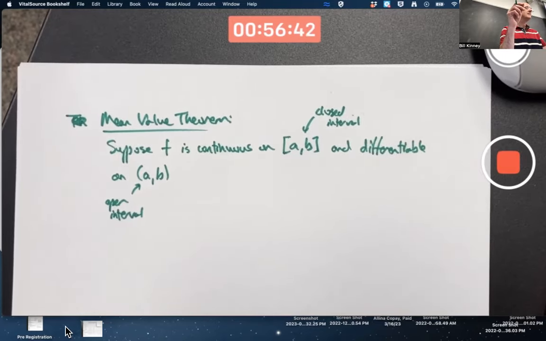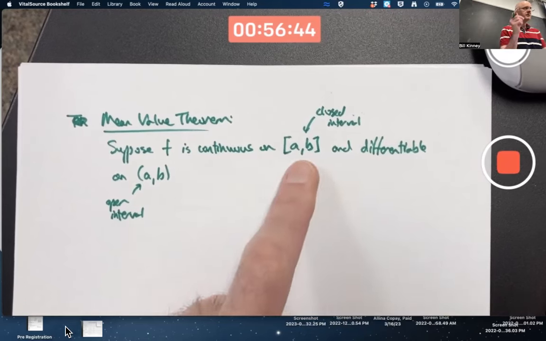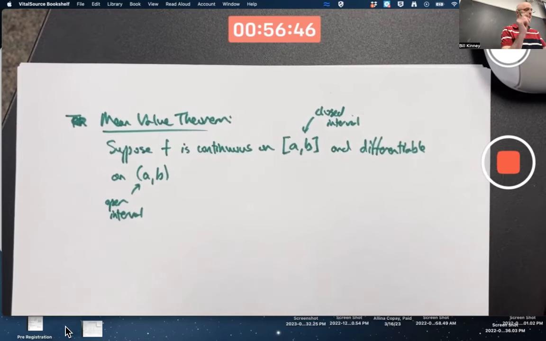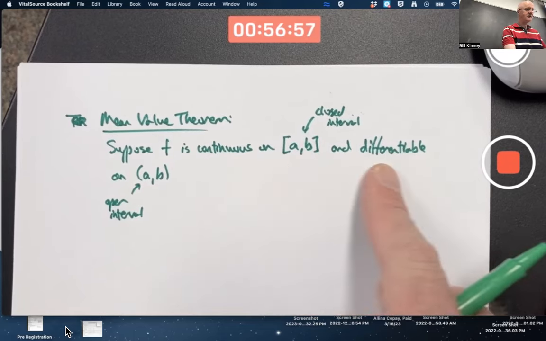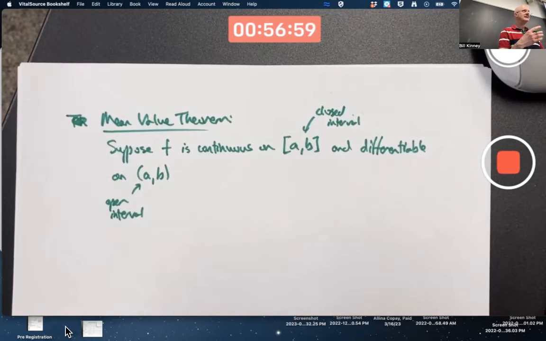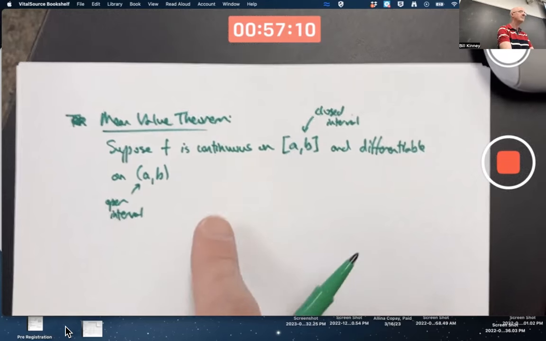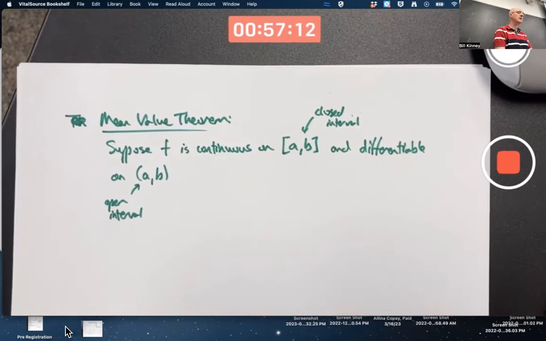A is less than B. This set is every number between A and B, including A and B. This set is every number between A and B, excluding A and B. You'd make open circles at A and B. You might wonder why continuous in the closed and why differentiable in the open. The reason is because we can get away with these assumptions. Function might be continuous and differentiable on a bigger interval, but we're trying to write down minimal assumptions to guarantee the conclusion.